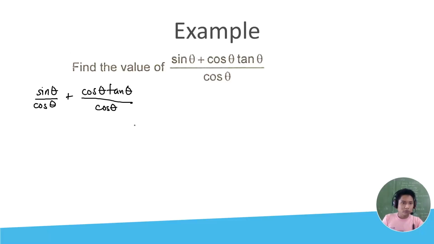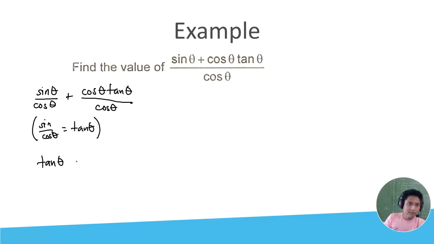So you know, sine theta over cosine theta from the fundamental identities, it is equivalent to what? Okay, sine theta over cosine theta is equal to tangent theta. So we can rewrite that into tangent theta plus, in this term we can cancel out cosine theta.